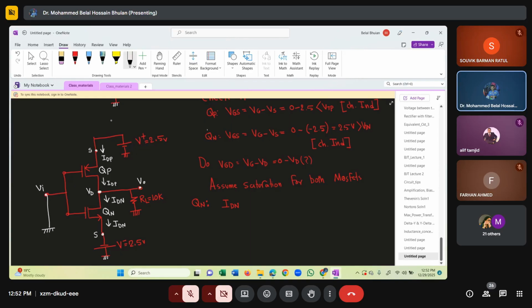In the N channel, the drain current IDN flows from drain to source. So that's how it is.